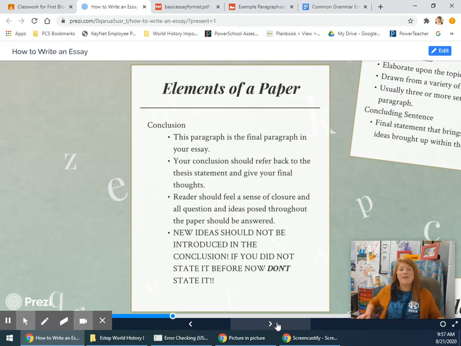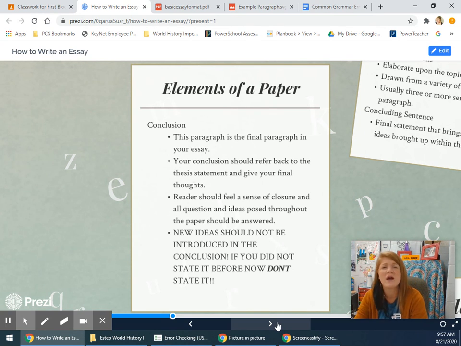So finally, in your paper, you're going to have conclusions. The conclusion paragraph is the final paragraph of your essay. It wraps up what you wanted to say, okay? And it always refers back to the thesis. You should feel a sense of closure. The best way to check your papers is to read it out loud to yourself.